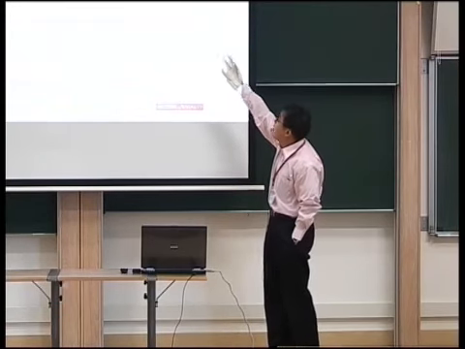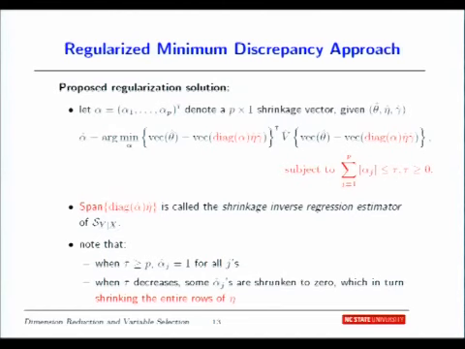You recognize this is actually an L1 type of constraint. Then we solve this optimization problem, and we call the space spanned by diag(alpha hat) multiplied by eta hat our shrinkage inverse regression estimator of the central subspace.